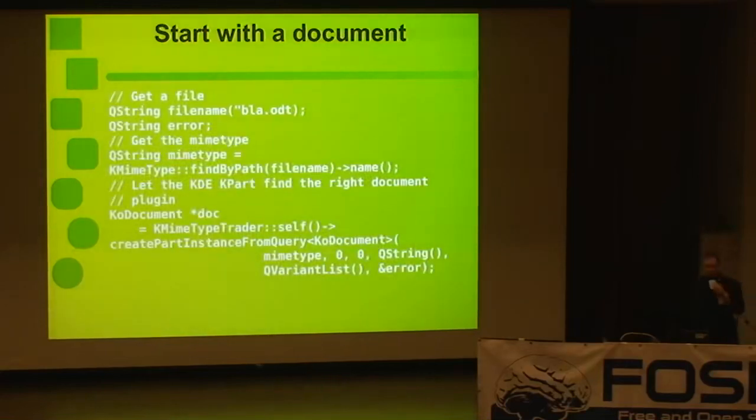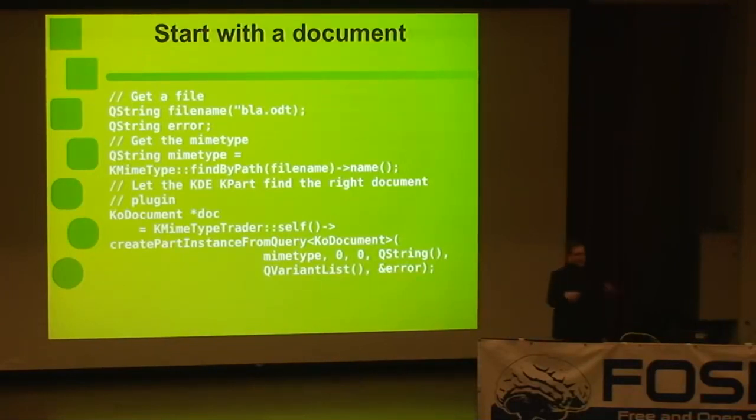So start with the document. You've got a file you want to load, a simple text file. Then we check what the MIME type of that text file is, and we ask the KDE plugin system, which is very sophisticated, to give us an instance of the document class that can load this file.